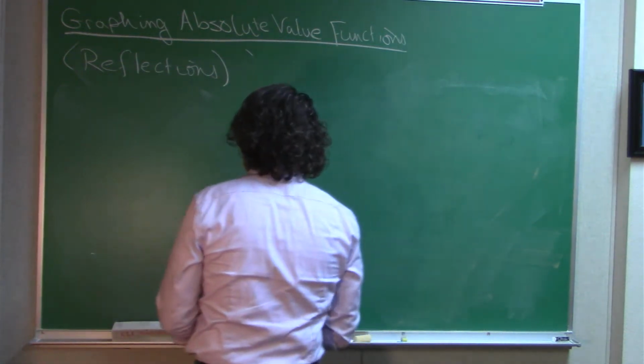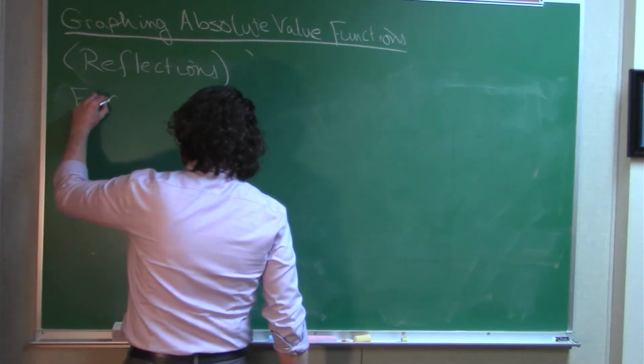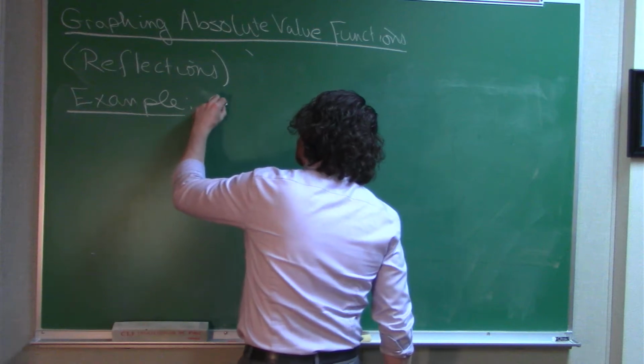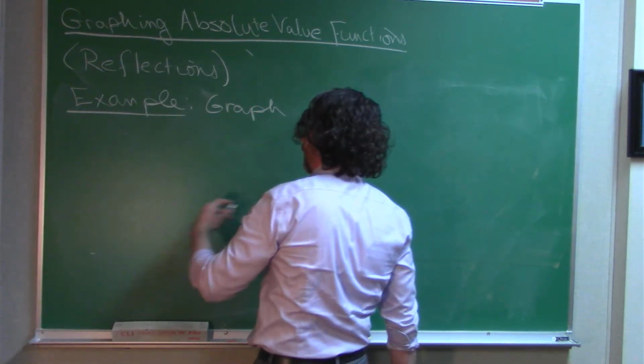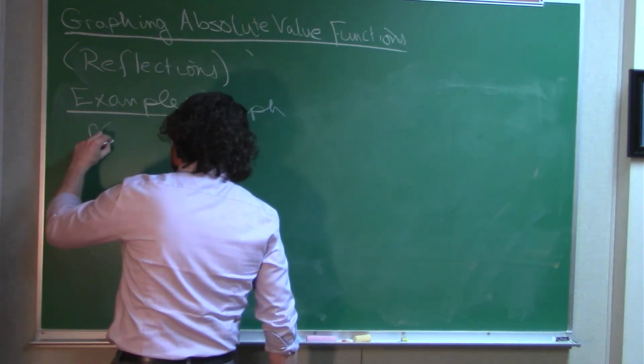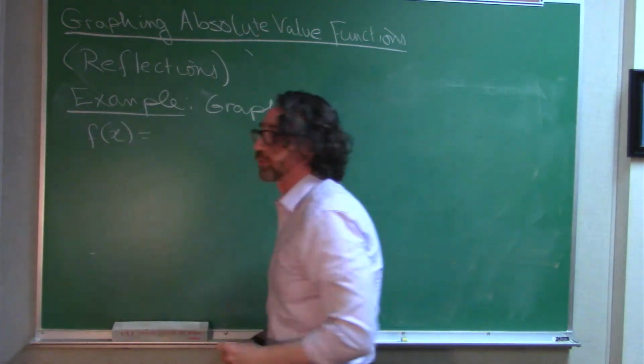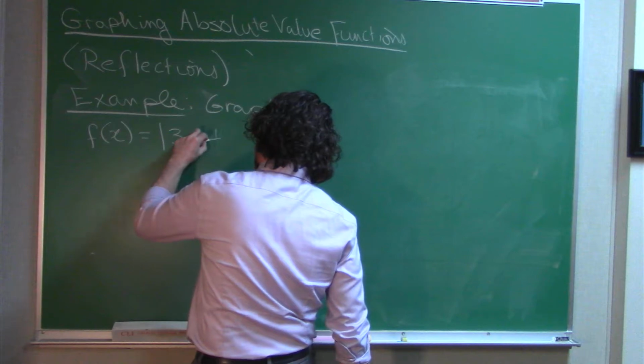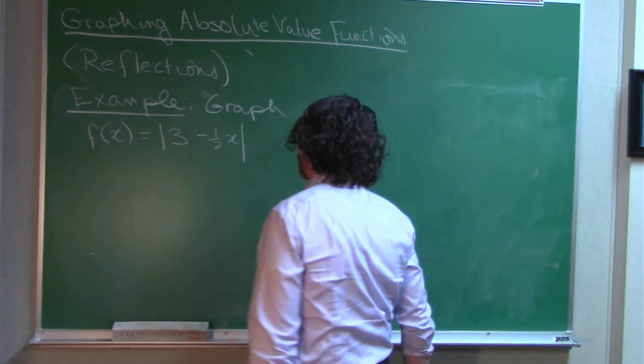I'm going to draw the graph of f of x equals absolute value of 3 minus 1/2 x.